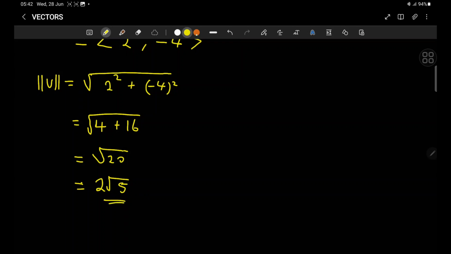The direction, using the same method: our reference angle alpha is equal to the tan inverse of negative 4 over 2. So 2 into negative 4 will have negative 2, and we just take it as a positive.